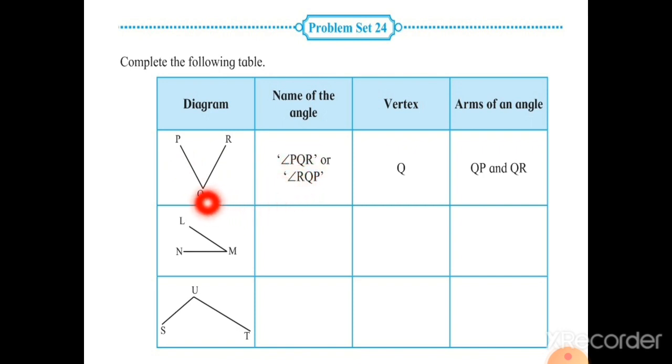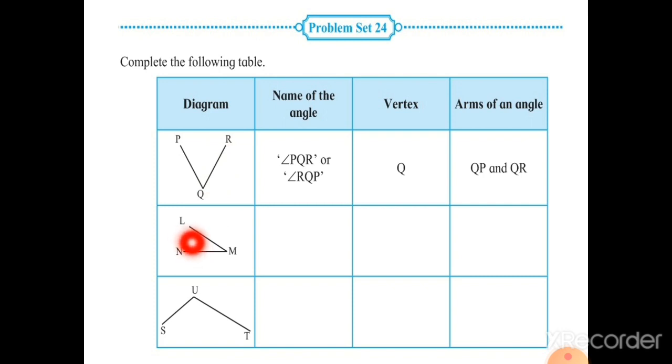But this meeting point of two lines should always be in the middle. Vertex is Q. You will not write P and R in vertex because when two sides meet, that point is called the vertex. Arms of an angle: PQ, QR, or you can write QP, QR.